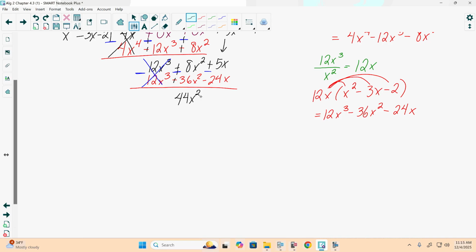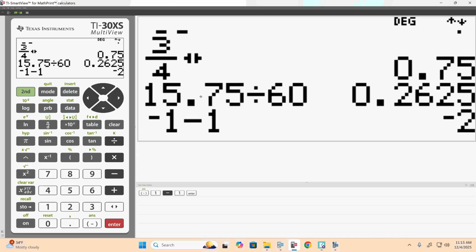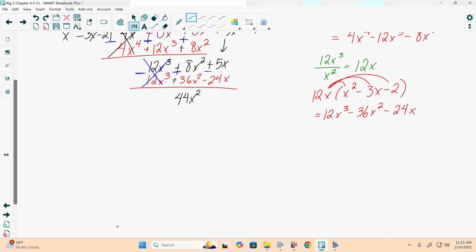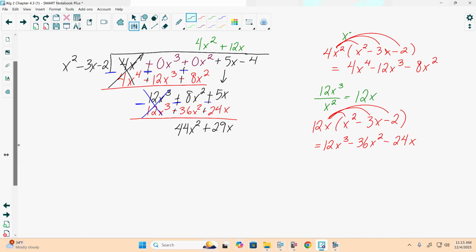We can't plug the variables in, but I can plug the coefficients into the calculator. And then lastly, 5x minus negative 24x, 5 minus negative 24. Negative and negative makes positive, so we have plus 29x. And lastly, we bring down the 4, the negative 4.